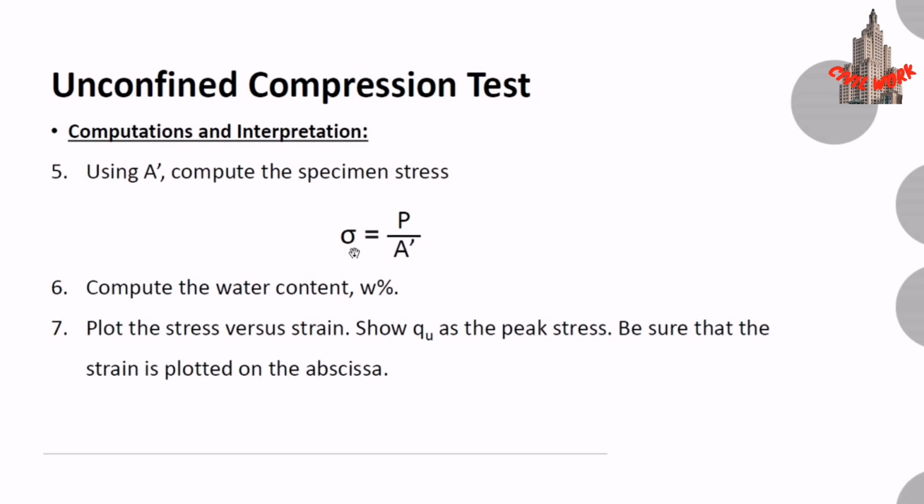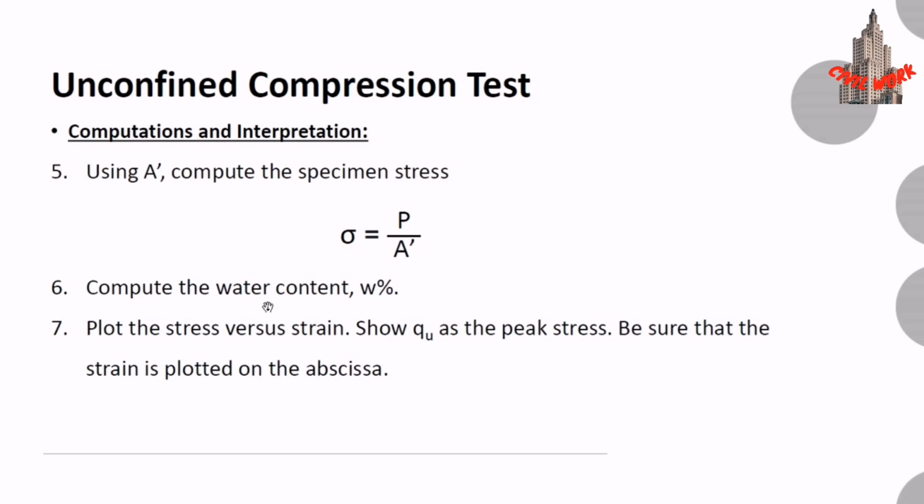Here we have stress is equal to load over area. Usually students make a big mistake that they take the area of the cross-sectional sample. In fact, here we have to use the corrected area to calculate the stress.